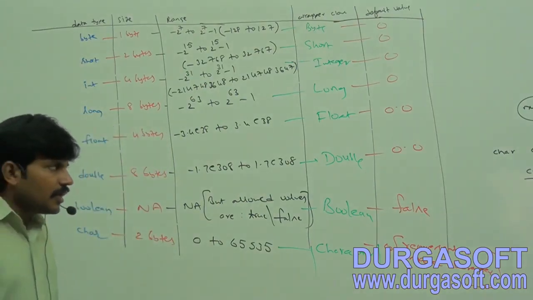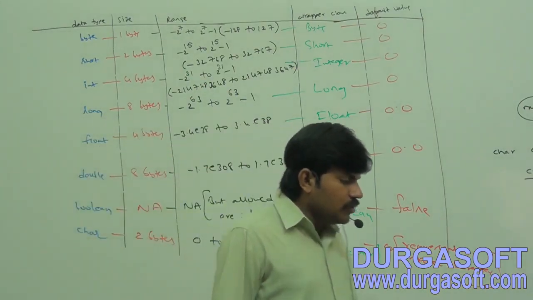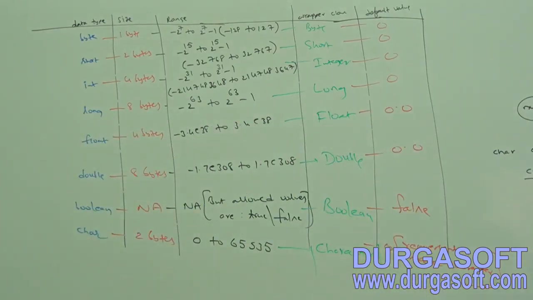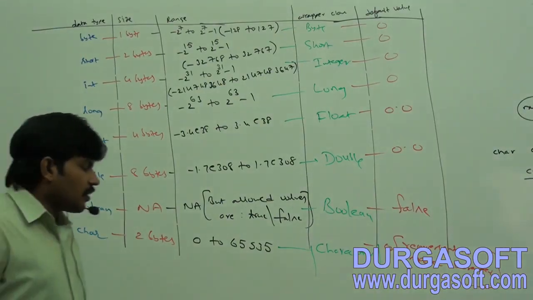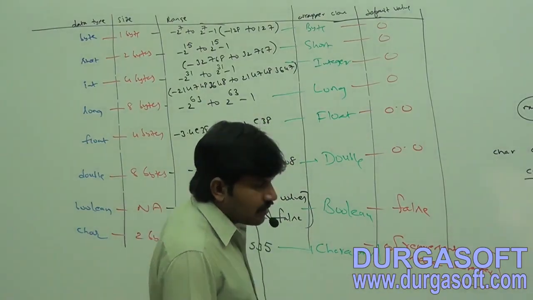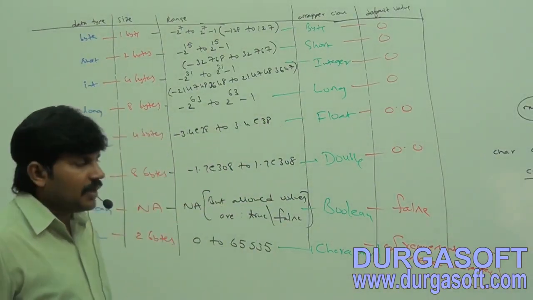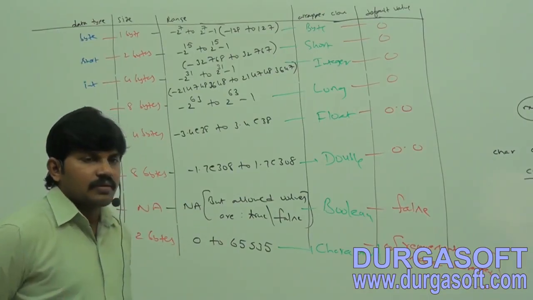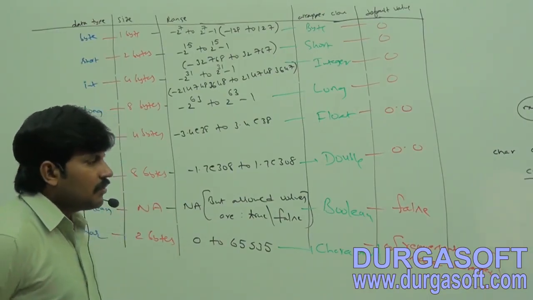If we try to use null for a primitive, then we will get a compile-time error.